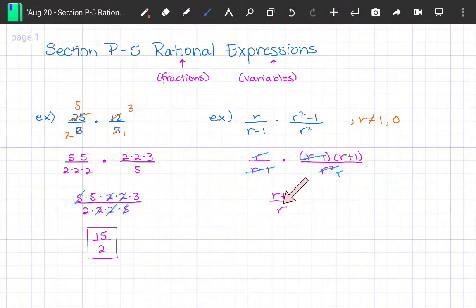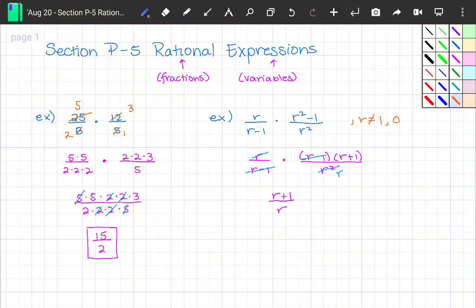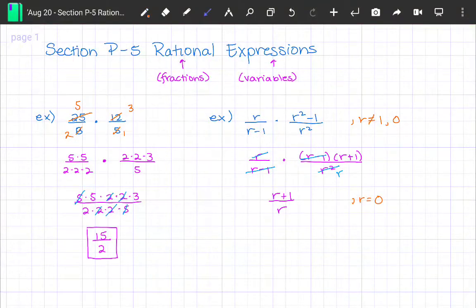In order for this to truly be equivalent to this, it has to have the same exact restrictions, but it doesn't. I can look at this and clearly see that r can't equal 0. That's obvious. 0 is going to make that equal 0. But if I let r equal 1, which should have been a restriction, I'm going to get 2 over 1. It doesn't cause any problems here, but it did up here.